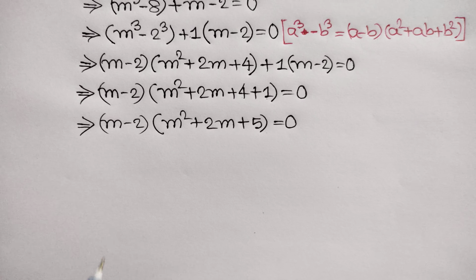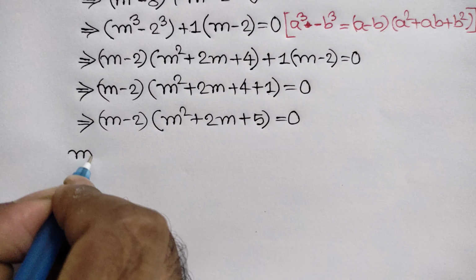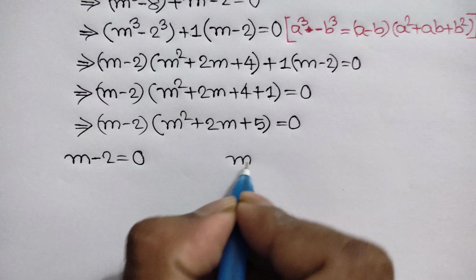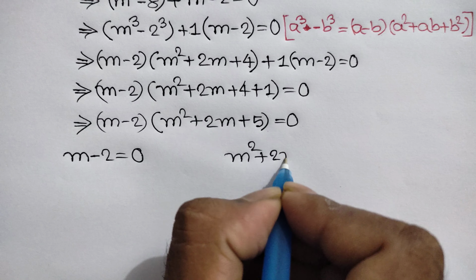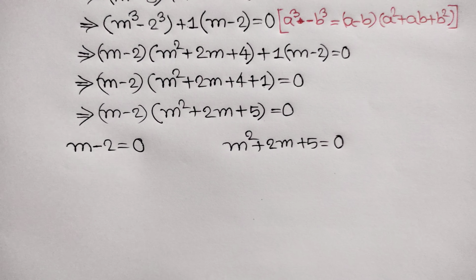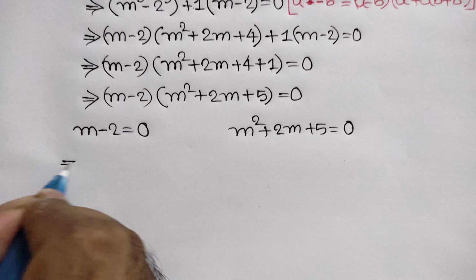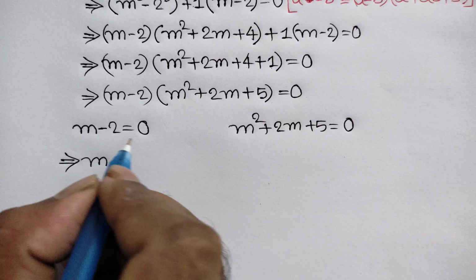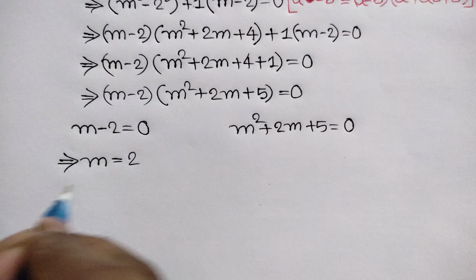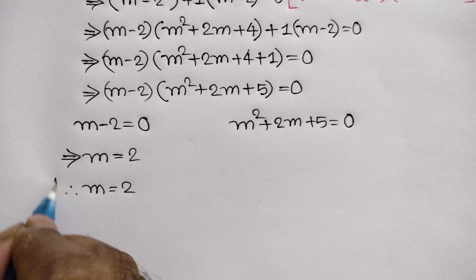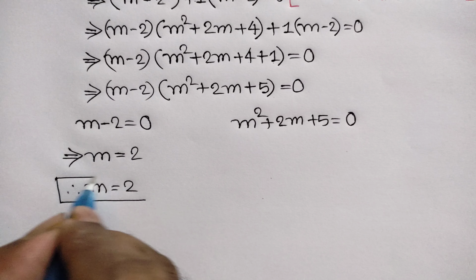Then from here we have two solutions, so we can write here m minus 2 is equal to 0 and m square plus twice m plus 5 is equal to 0. Now taking this negative 2 to right side, we will get positive 2. So our first value of m is equal to 2, and it is a natural solution.